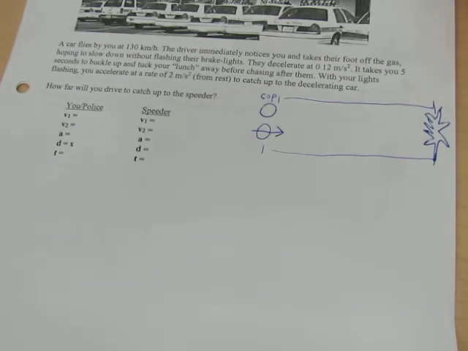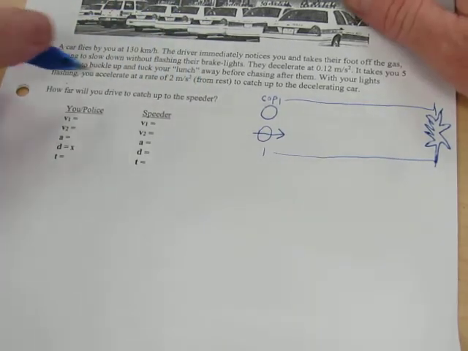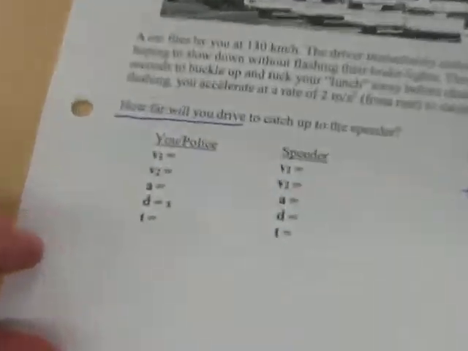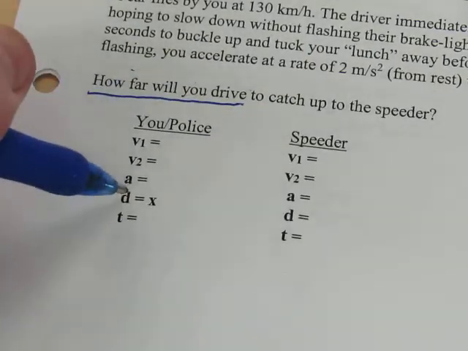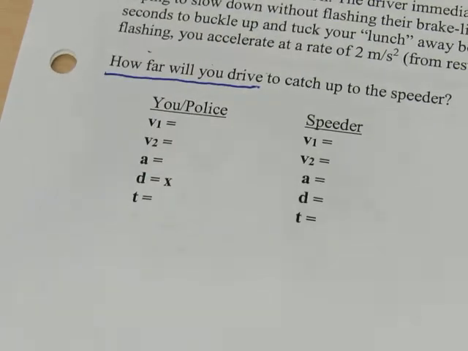Let's look at the givens list. And again, very first thing you should do is look at the last sentence. How far will you drive to catch up to the speeder? How far will you drive? You're the police officer. So right away in this question, I identified the distance for the police officer as x.